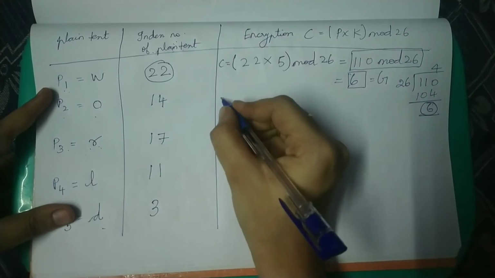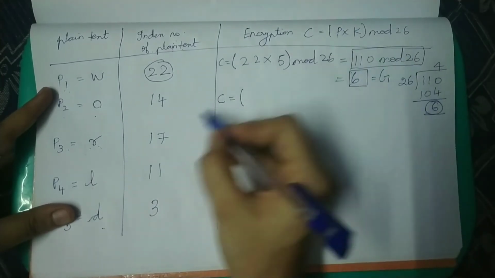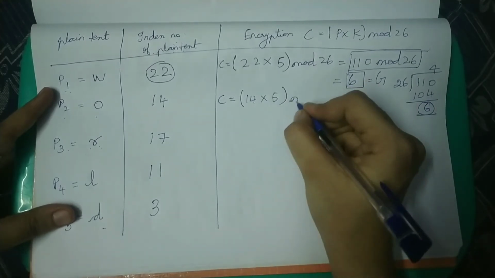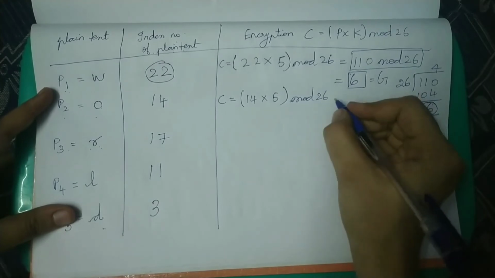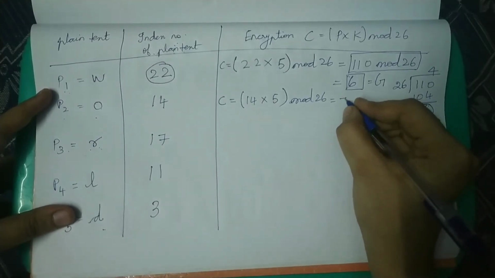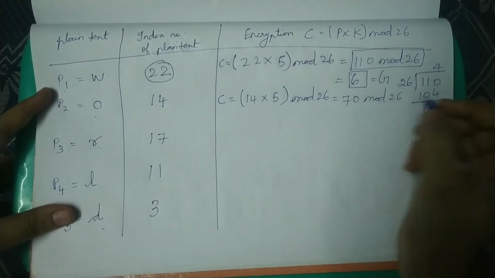Next, for the second one, ciphertext C is equal to the plain text number 14 into the key length, which is the same for all, 5 mod 26. That is going to be 70 when I multiply these two, mod 26.